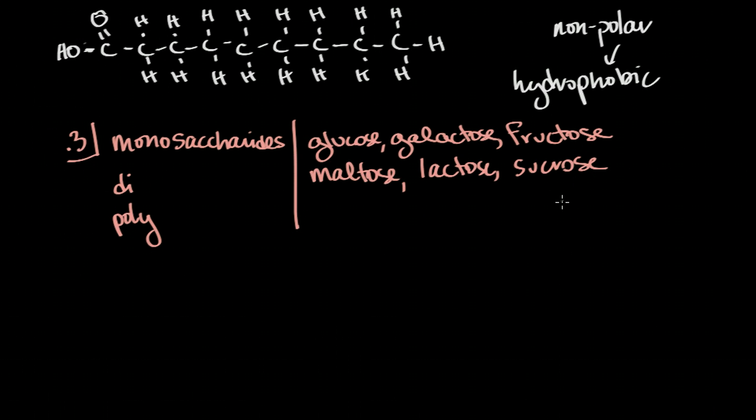Okay, and then for the polysaccharides, the ones you should know, starch, which you already know, also goes by another name of amylose, glycogen, which we've mentioned when we talk about insulin, well, blood sugar control, and it does the opposite of insulin, and cellulose.